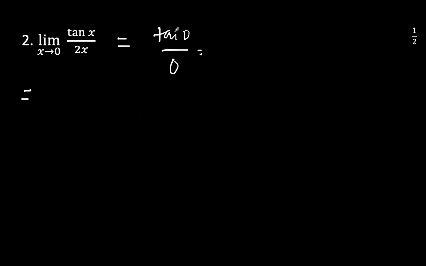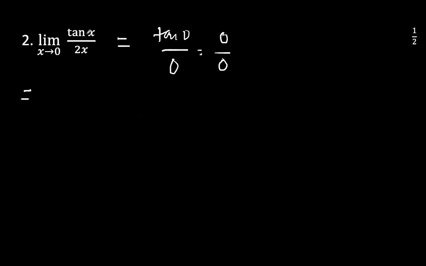What is tangent 0? That's 0 over 0, which is an example of an indeterminate form, which means we need to do something to evaluate the limit of tangent x over 2x as x approaches 0.